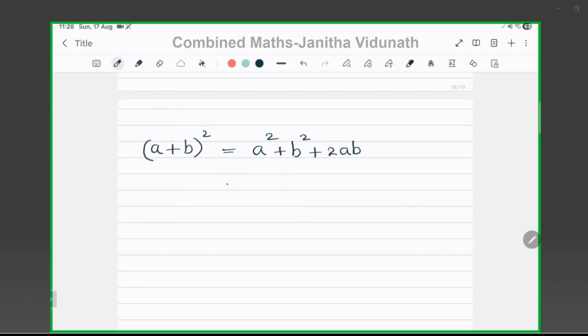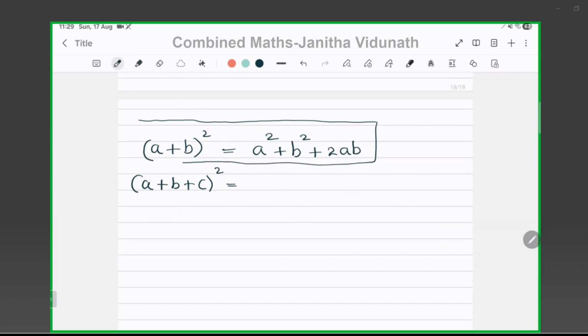Here first I will show how the final result comes. Here we get (a+b+c) whole square. If there are 2 terms, we know how to write the result in one step. Now we can see still there are only 2 terms if we group these two terms as one group.